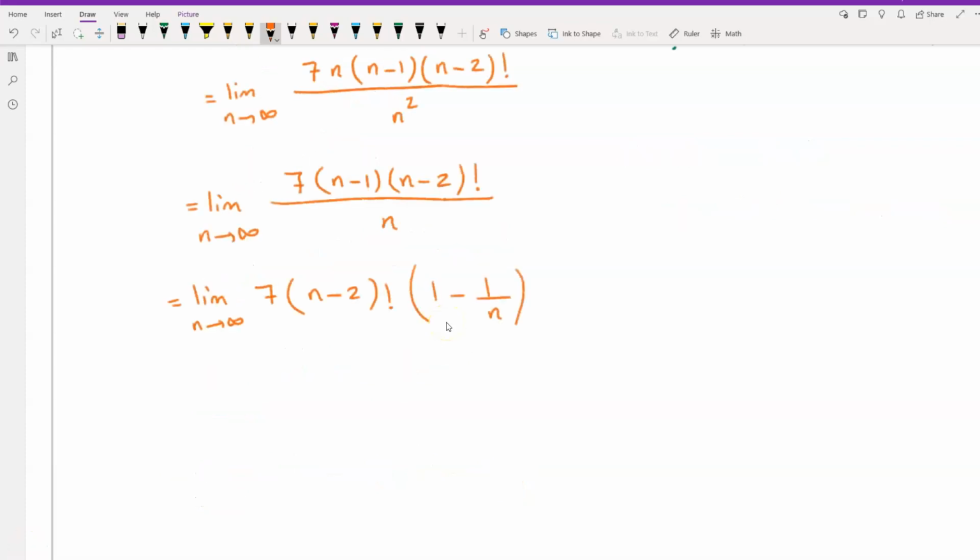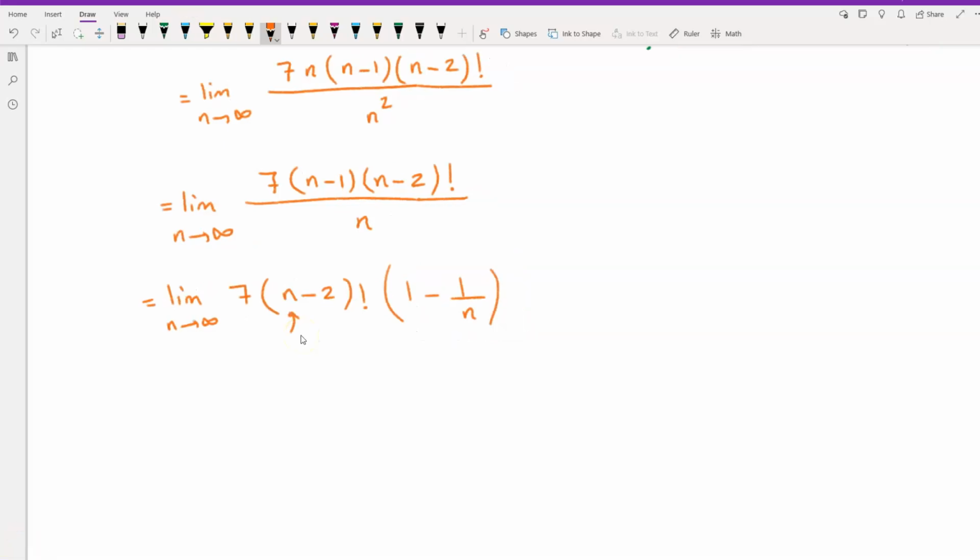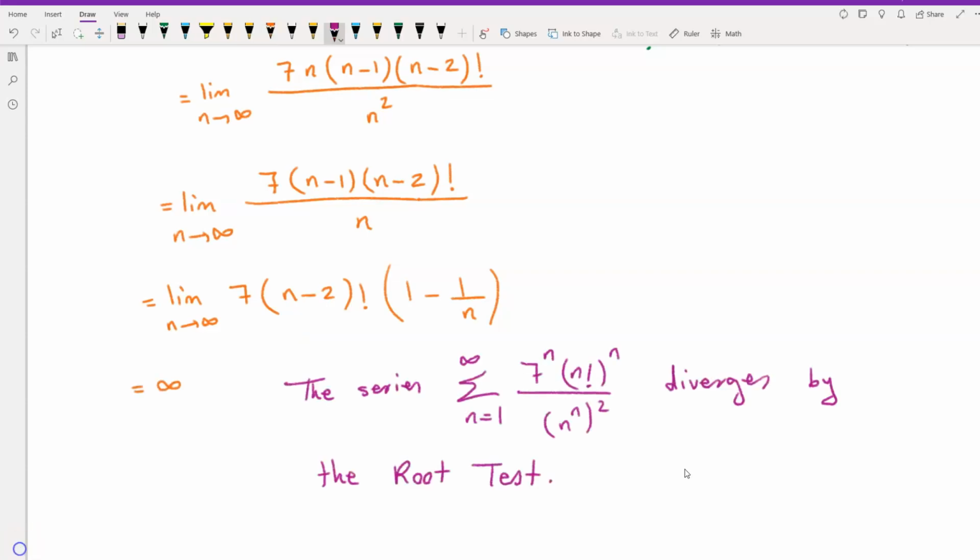As n approaches infinity, this part approaches 0 because 1 over infinity is 0. For this part we're going to have 1 minus 0, so it is 1. And on this part, we have n, so as n approaches infinity, we're going to have 7 times infinity, which is equal to infinity. So the limit is equal to infinity. That means that the given series diverges by the root test.